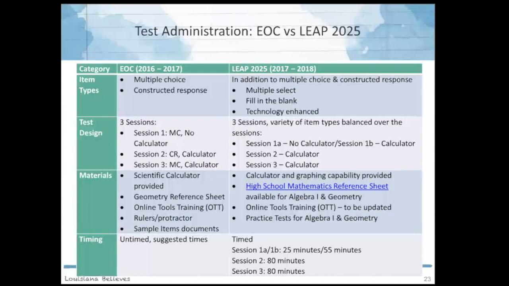back to materials. We are not providing rulers and protractor online because they're not necessary, and they just tend to be a distraction, really, for kids that otherwise would not need to use them. There are some allowable geometry tools for students that are listed in the assessment guide for geometry that students could use with the graph paper that they have.